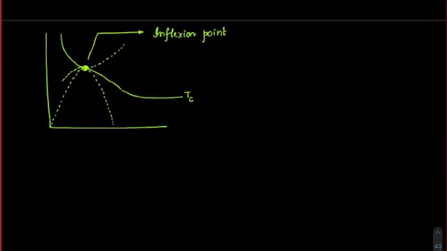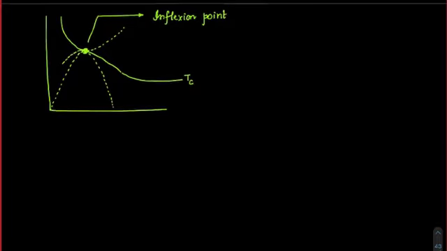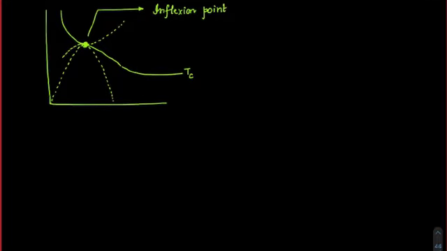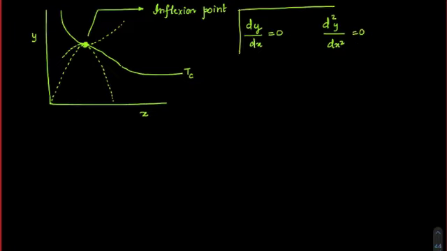As per calculus, the inflection point is that point where its first differentiation as well as second differentiation are both 0. If this is y and x, I can say dy by dx is equal to 0 and d square y by dx square is also equal to 0, but this is only valid at the critical temperature.